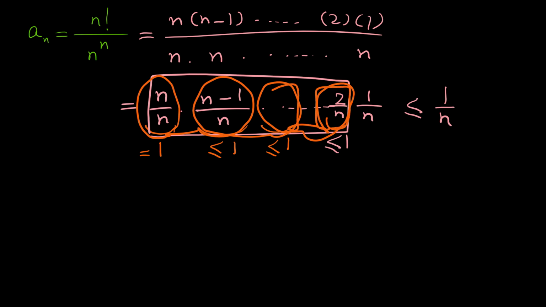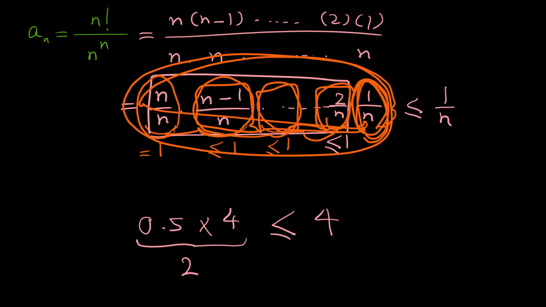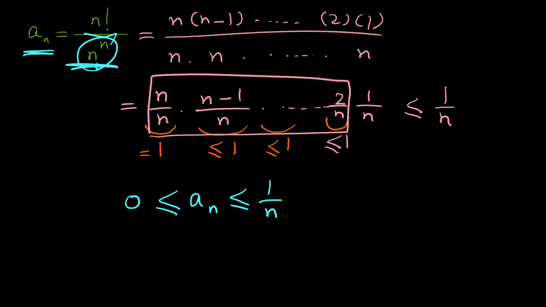When you multiply something by terms that are less than 1, it makes the value smaller. For example, suppose you have 4 here. If you multiply 4 by 0.5, you make 4 a smaller number, which is 2. So it makes sense to say that this is less than 4. So because all the terms before 1 over n are less than 1, all of this is less than 1 over n. So we have proved that the given sequence is between 0 and 1 over n, and of course greater than 0, because this is always positive.